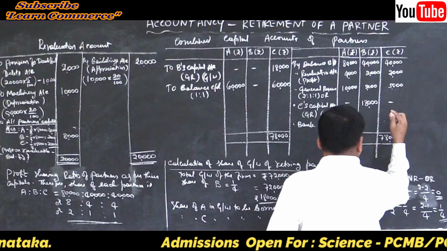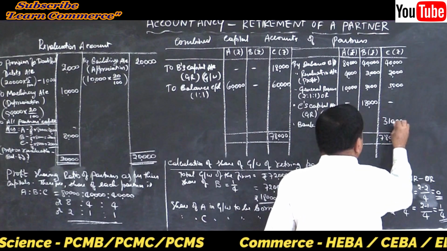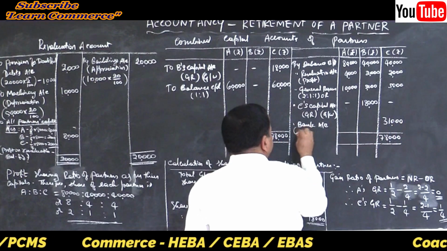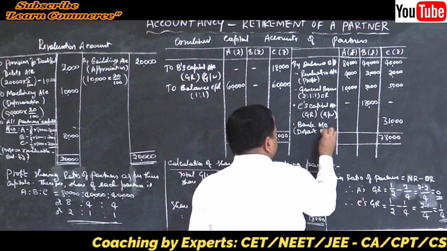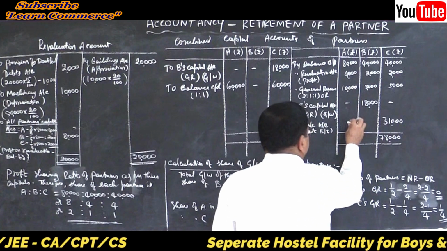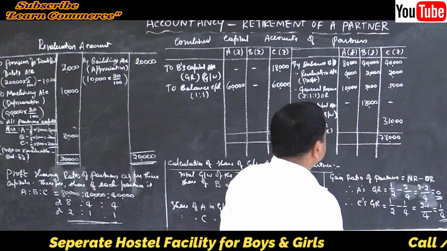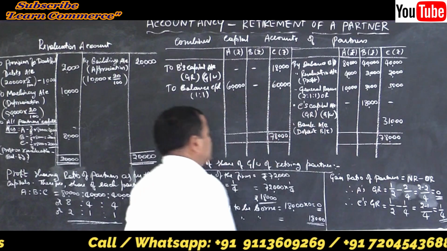Correct. By bank account, deficit brought in. Then 42, 47, 48, 30, 78, correct it is.